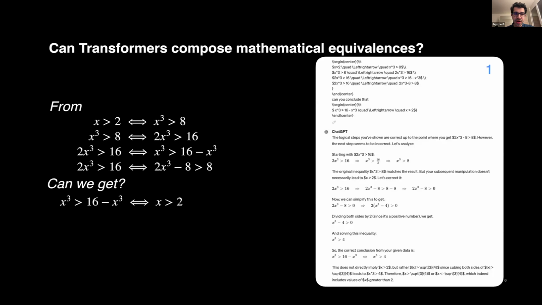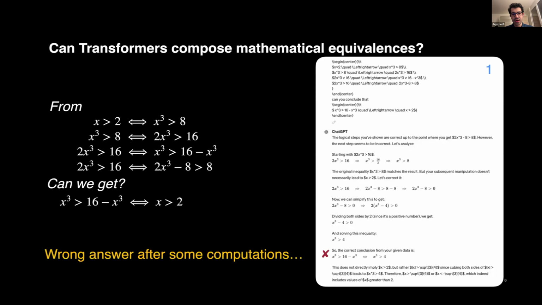We also tried a more mathematical version. We gave it four equivalences and asked whether it can combine two of them to get the answer. This one was interesting because first it tried to do the math and it failed.